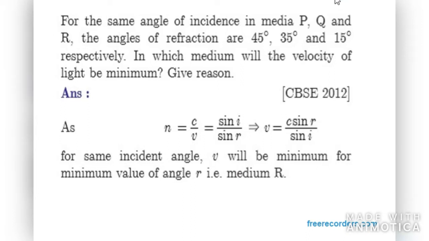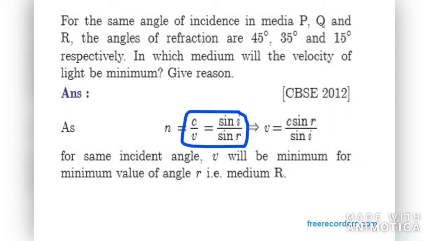Using these two equations we have c over v equals sin i over sin r. Using cross multiplication, we get v equals c times sin r over sin i. In this case, we need to tell in which medium the velocity of light will be minimum.